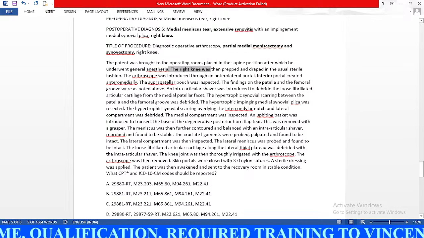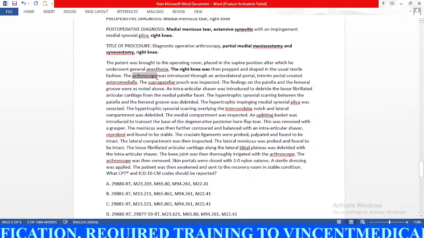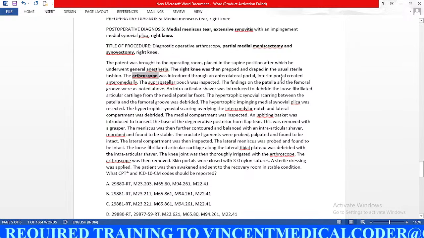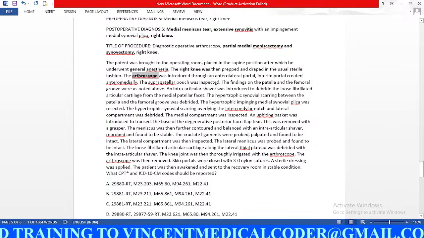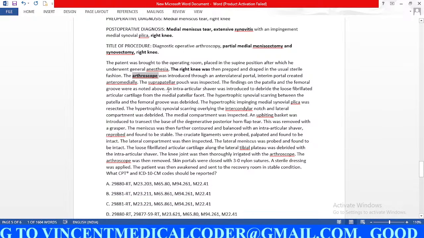Then prepped and draped in the usual sterile fashion. The arthroscope was, so you need to understand that this is an arthroscopic procedure, introduced through the anterolateral portal, and an inflow portal created anteromedially. The suprapatellar pouch was inspected. The findings on the patella and the femoral groove were noted as above.